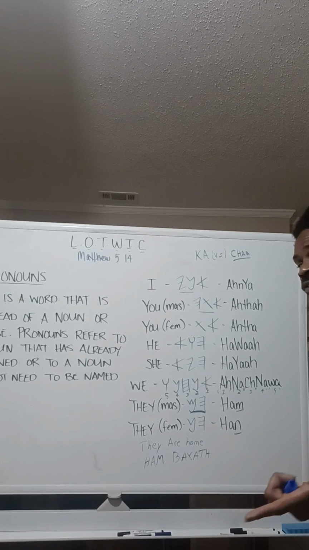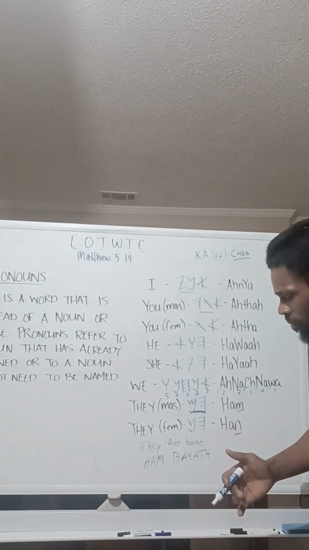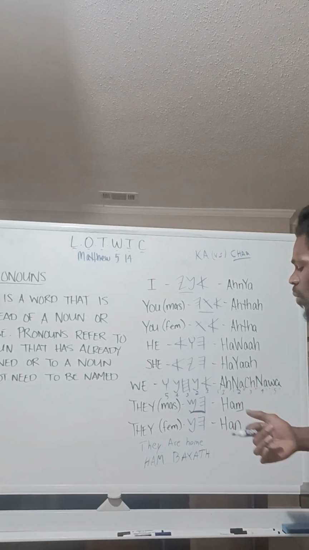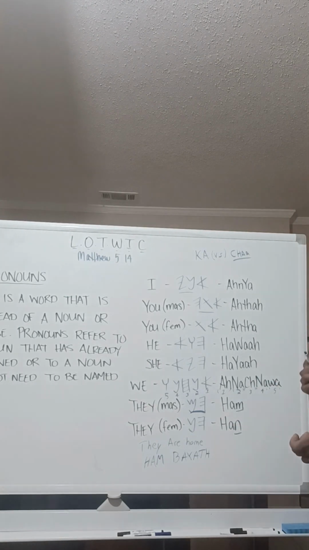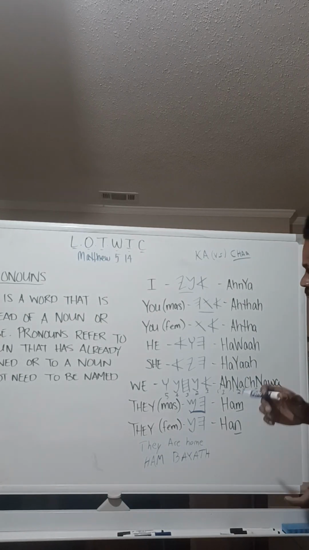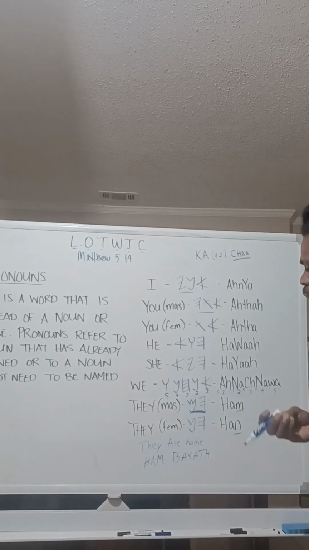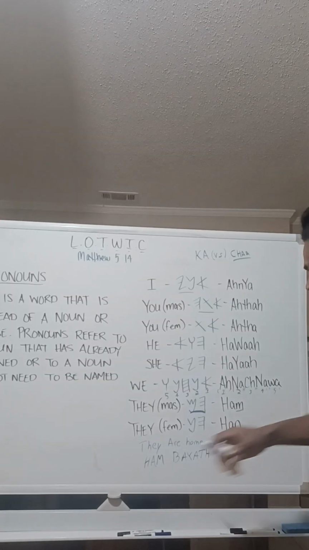Ham Bayat. That way you know off top Ham is a masculine way. So the they that I'm talking about, it must be a masculine, a man, or a group of boys, or a group of men. Because ham.